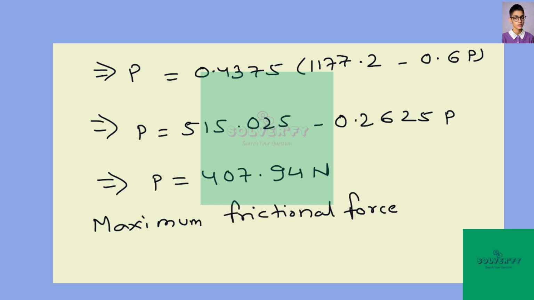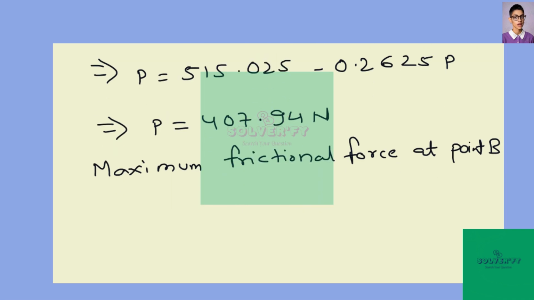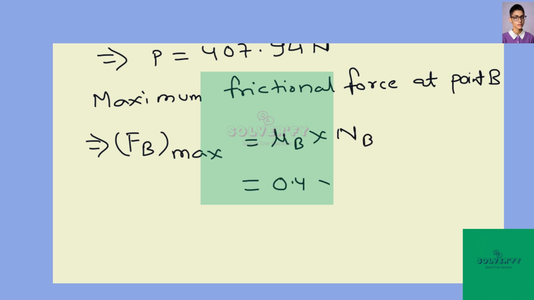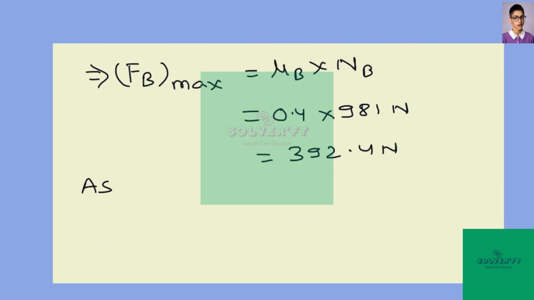Maximum frictional force at point B can be calculated as Fb max is equal to mu b into Nb. On putting the values of mu b and Nb, we get Fb max as 392.4 Newton.